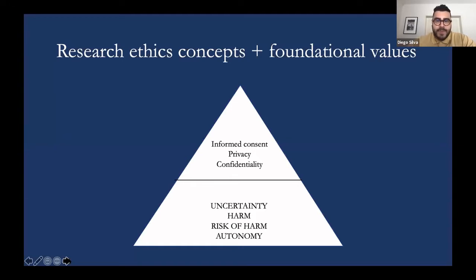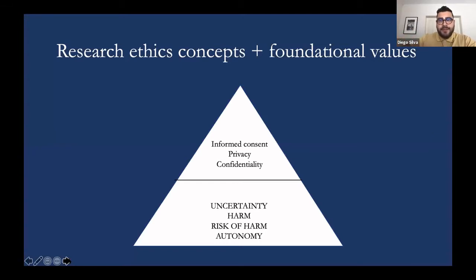So this is just a really simple diagram, but the idea here is that we have principles like informed consent, privacy, confidentiality that are important. That's the bread and butter. That's what the research ethics committees are going to be looking for.